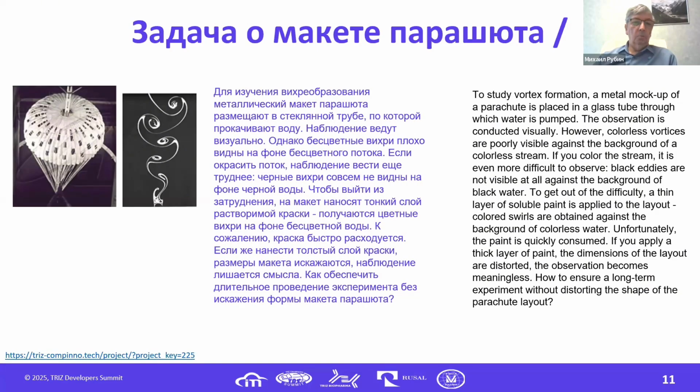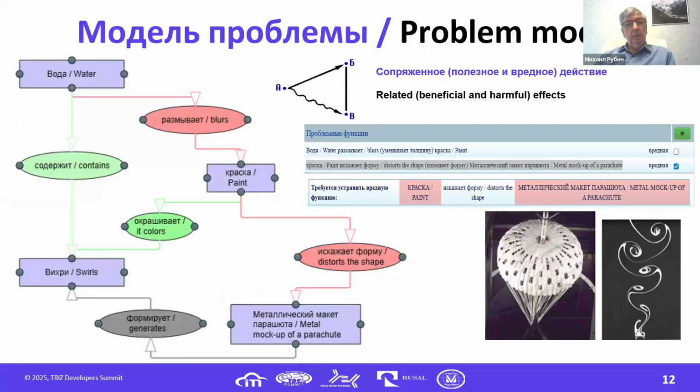These vortices are created by means of a paint that we have on the surface of a parachute. If our layer of paint is thick, we can continue the experiment for a long time, but the shape is then distorted. If we use a thin layer of paint, then this model is not distorted, but we need to stop the experiment very quickly because we ran out of paint. So this is a well-known problem.